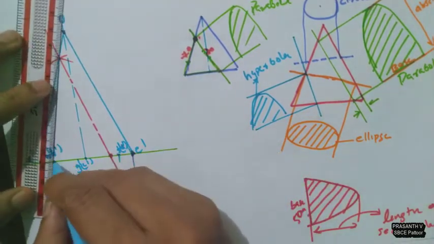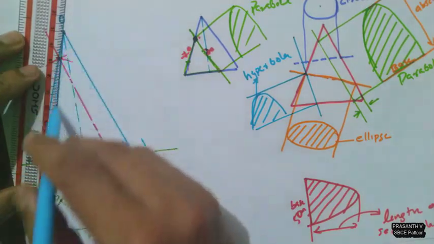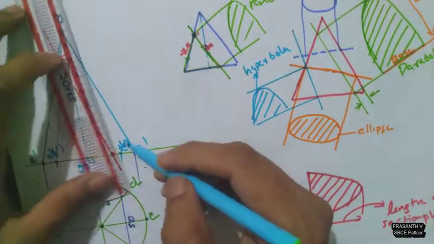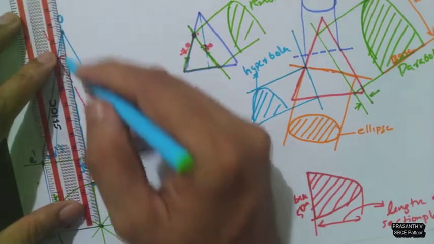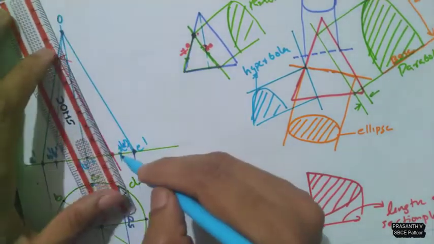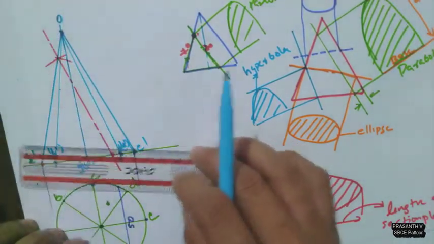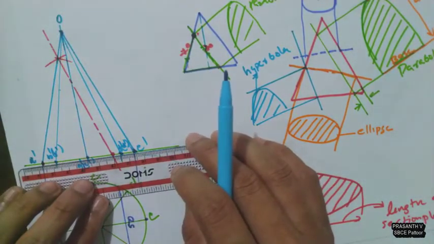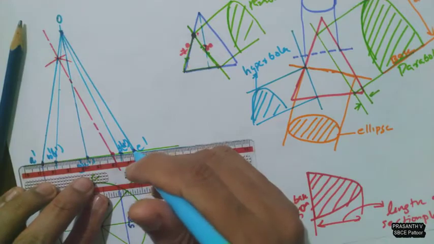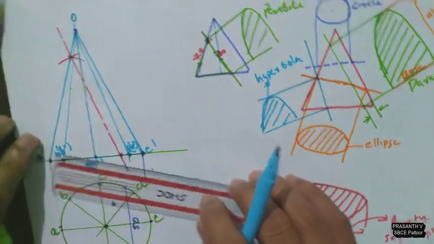Now just join all the generator lines as a thin line. Always remember, these inside generators should be thin lines. End generators, you should show as thick lines. All the inside generators should be thin lines. You see.